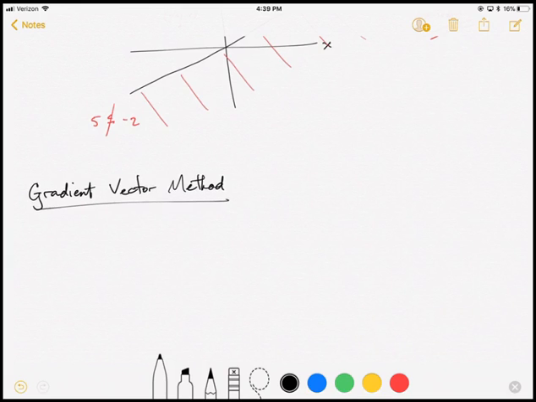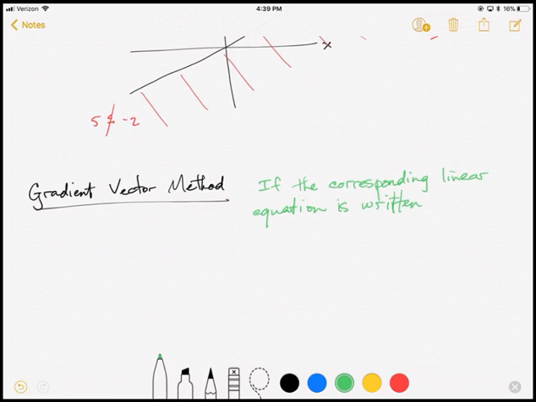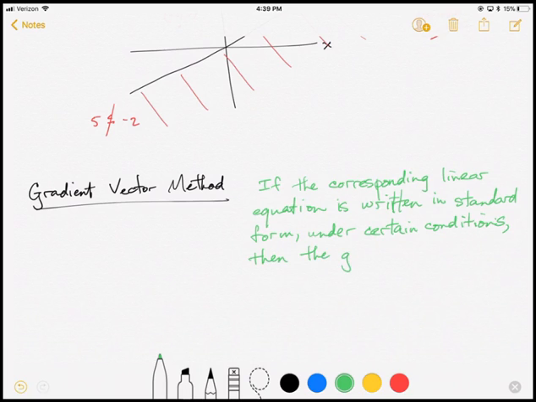Okay, and the gradient vector method basically says this. It says that if the corresponding linear equation is written in standard form, under certain conditions, and I'm going to explain to you what that condition is, it's really one condition, then the gradient vector will point in the direction of increasing value.